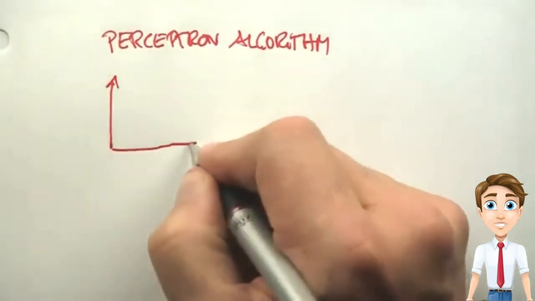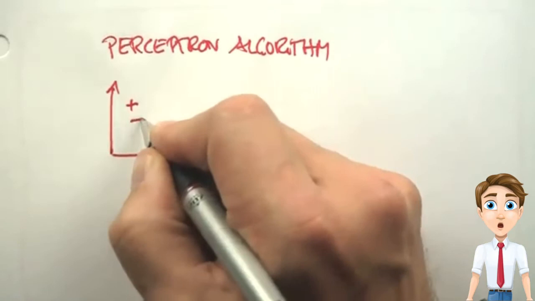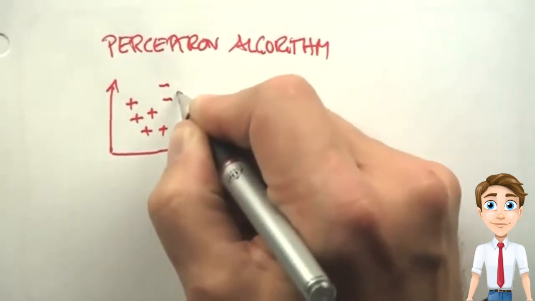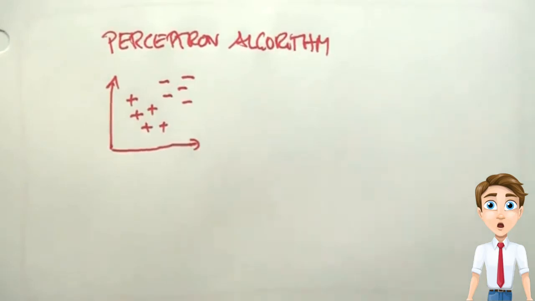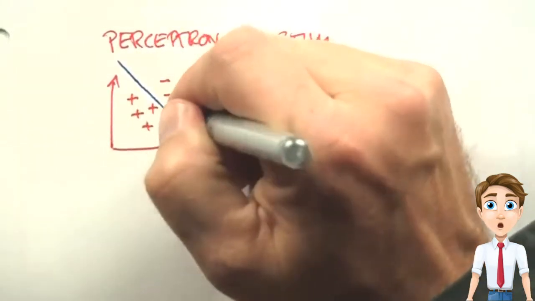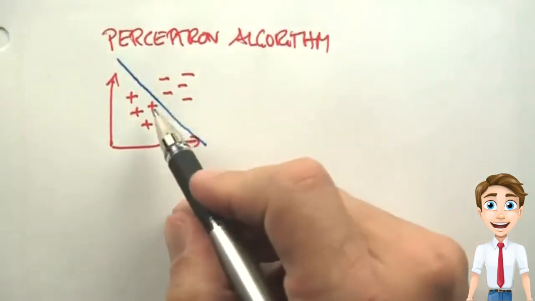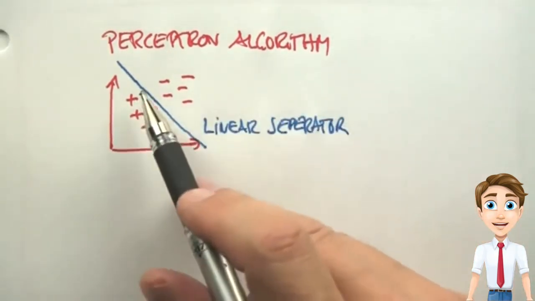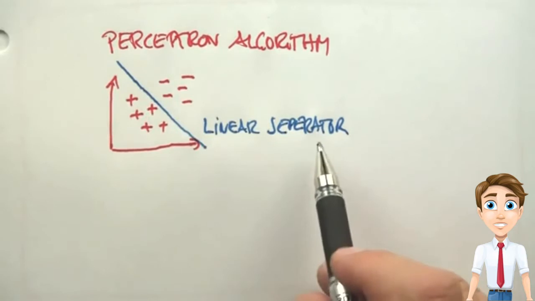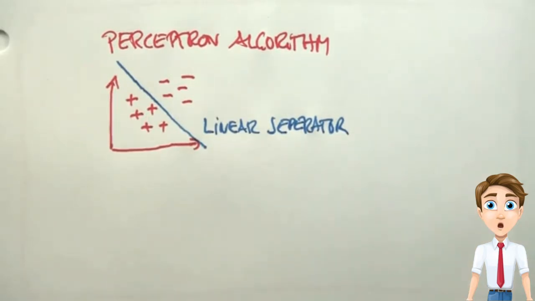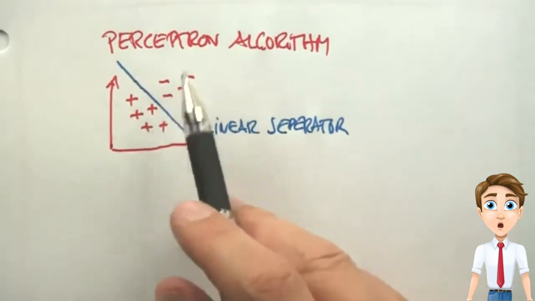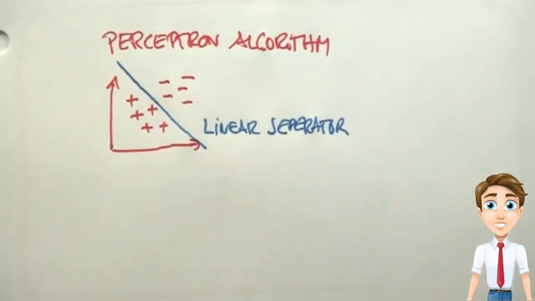Suppose we're given a data set of positive samples and negative samples. A linear separator is a linear equation that separates positive from negative examples. Obviously, not all data sets possess a linear separator, but some do, and for those we can define the algorithm of the perceptron, and it actually converges.